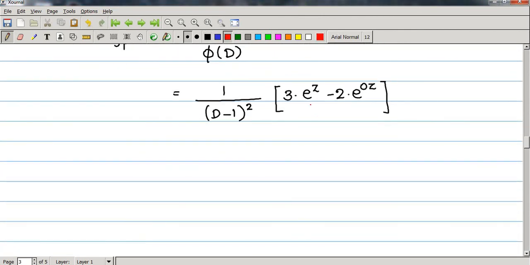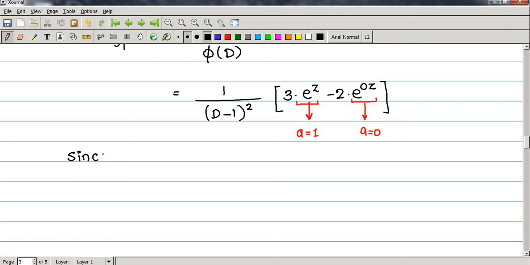So we use the shortcut method formula for the first term. Here the value of a is equal to 1, and for the second term a is equal to 0. So we first check whether there exists any case of failure or not.